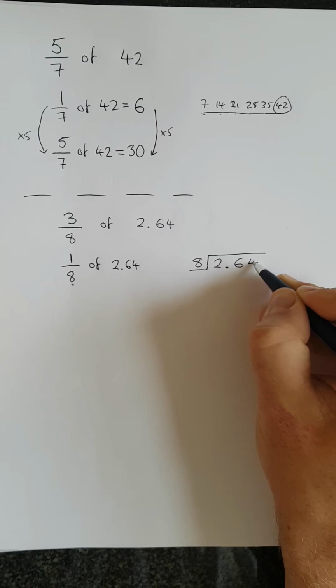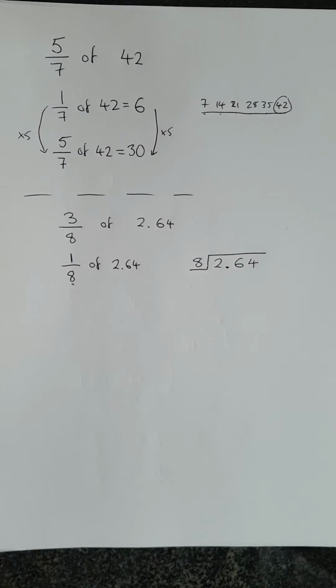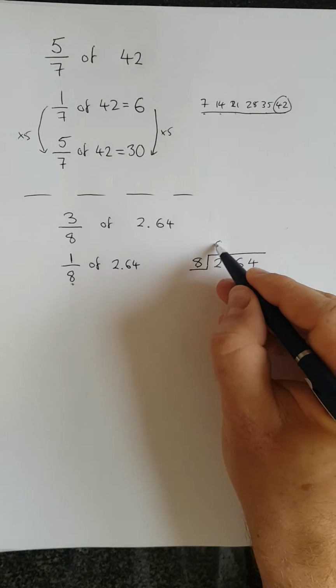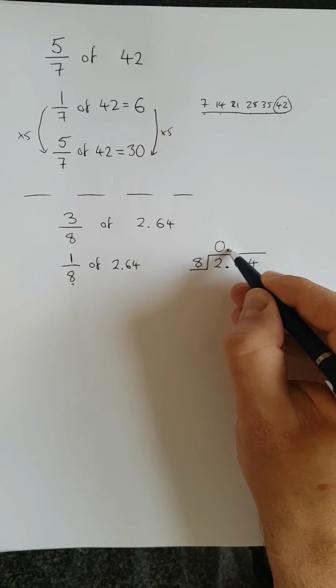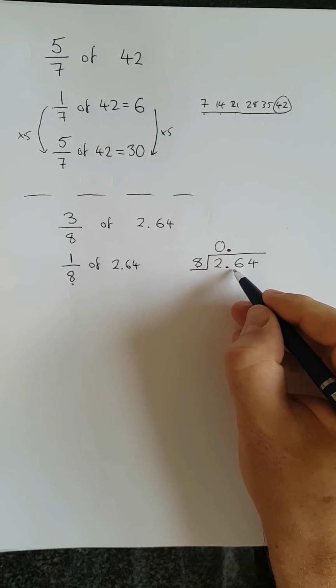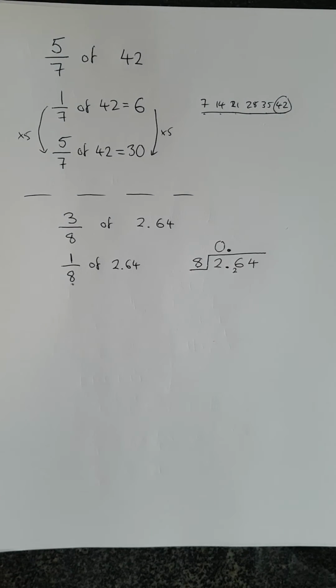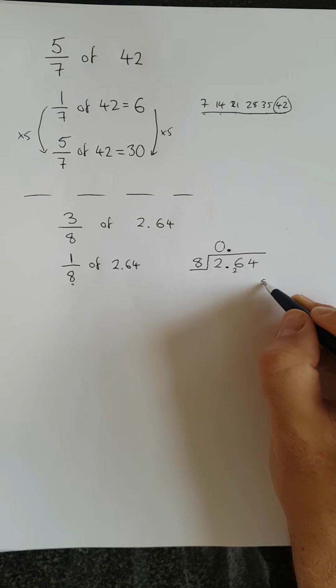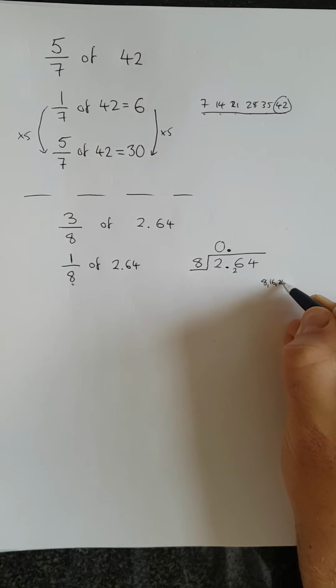The reason I do this example is I want to show you that the decimal point makes no difference. 8s into 2. You can't fit any 8s into 2. Make sure you then put your decimal point and then carry the 2. 8s into 26. 8, 16, 24.